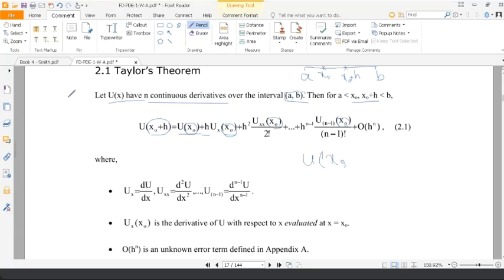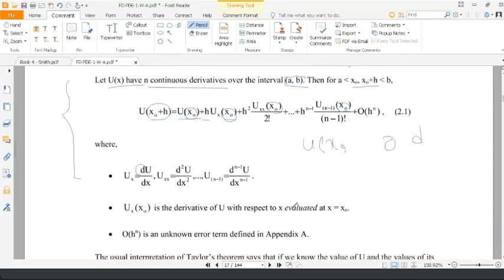In this part, u is only a function of x, so u_x is an ordinary derivative, not a partial derivative, and we use d, not the round symbol. The round symbol is only used for partial derivatives. So du over dx is an ordinary derivative.